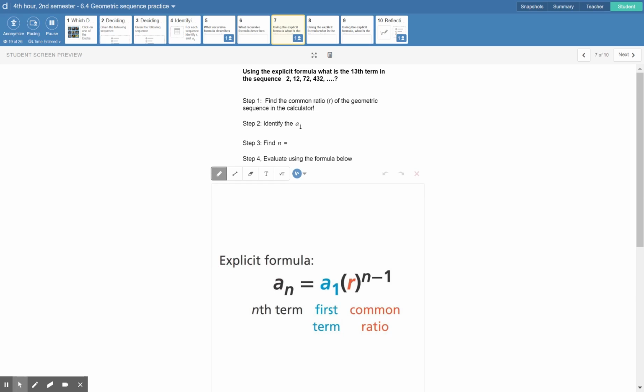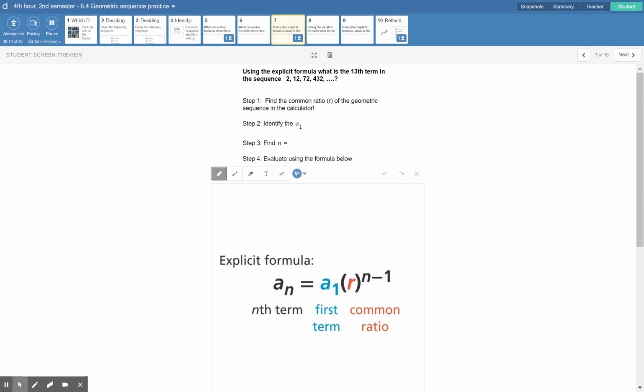Now explicit. Explicit is a different formula and it's a different use. The explicit formula for geometric is what is written below. It will tell you the nth term in the actual problem. It's the term you are trying to find.